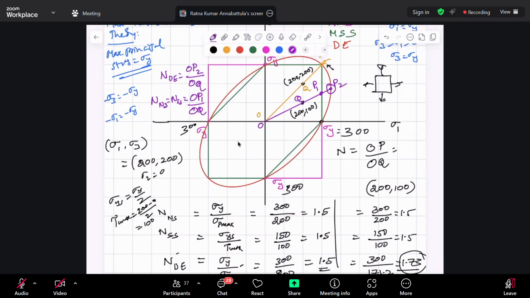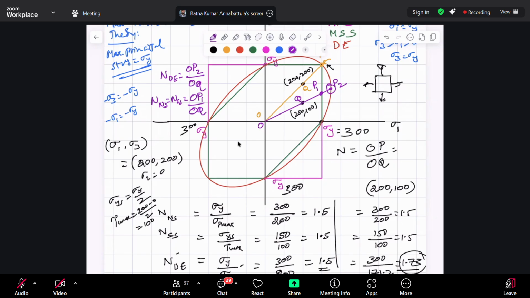If you look at the entire diagram, everywhere, the distortion energy theory factor of safety will be either equal to shear stress theory or more than the shear stress theory. It will never be less than the maximum shear stress theory.